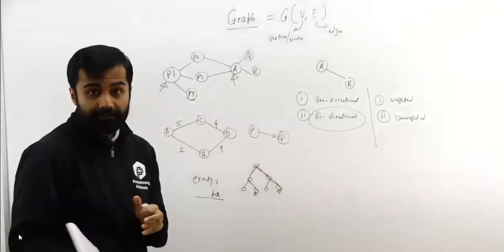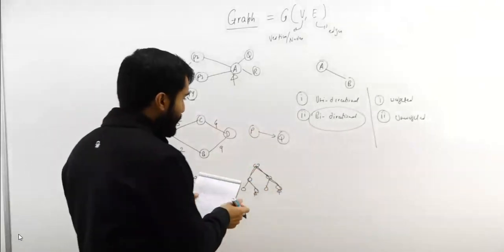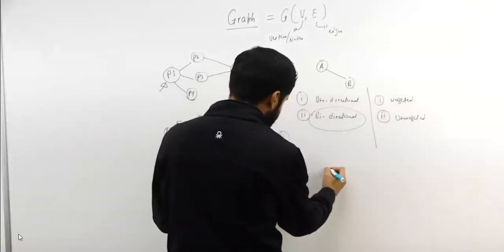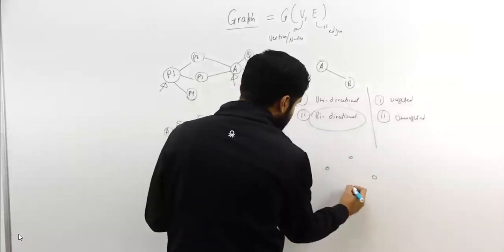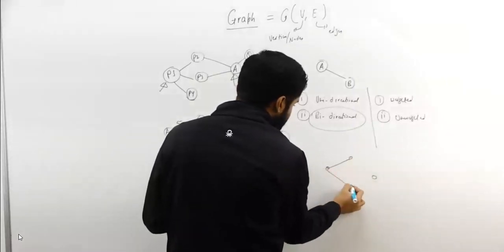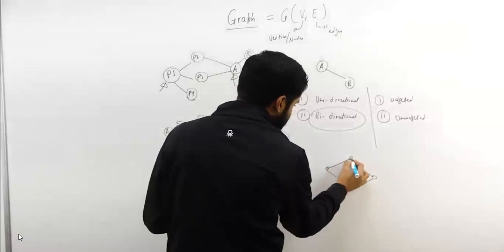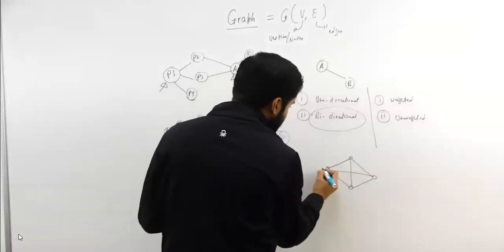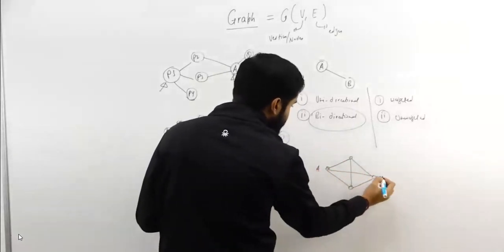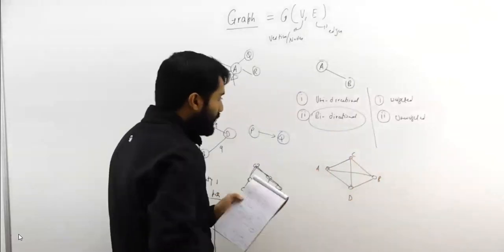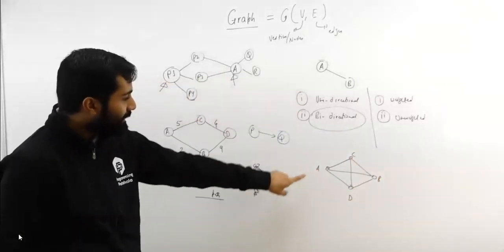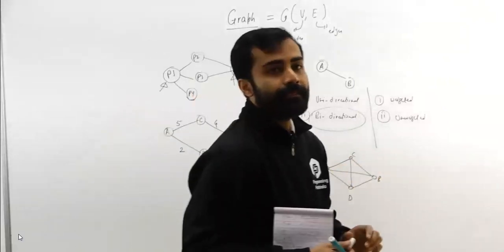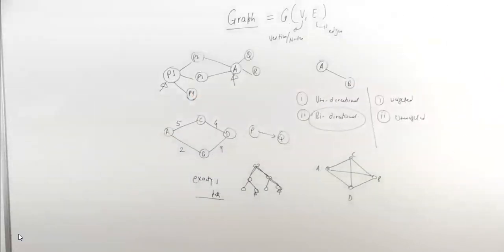But in case of a graph, there can be multiple paths. So let's say you have got some nodes like that, and let's say these are the edges. Let's say you have to go from A to B. Let's say this is C and D. Can you see that there are multiple paths that connect A and B? Can somebody count how many paths are there?